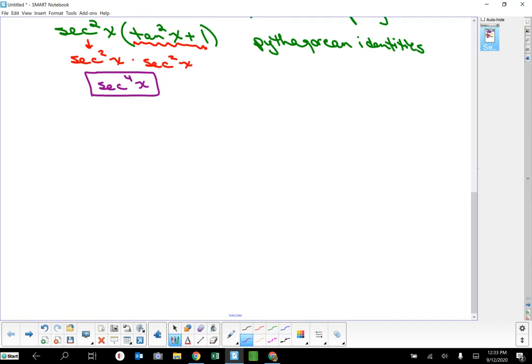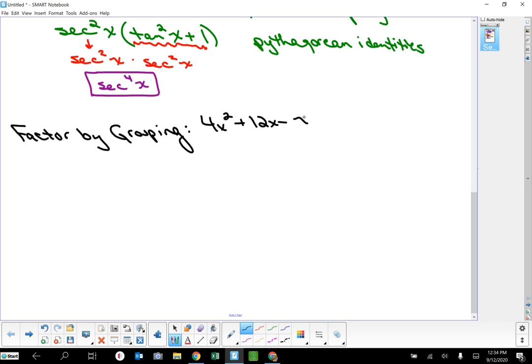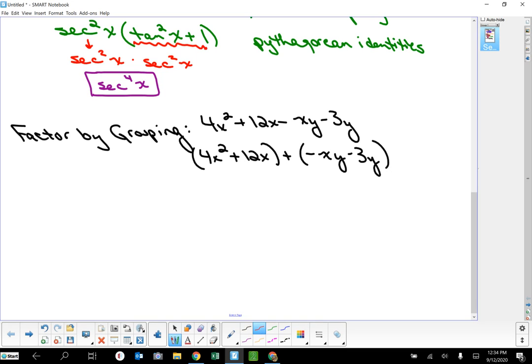All right, factor by grouping. Numeric example. Let's start with 4x squared plus 12x minus xy minus 3y. Remember that in factor by grouping, you start by putting two terms together in a set of parentheses. Then you separate with a plus sign. And then you factor a GCF out of each one. So I can take a 4x out of here. That leaves me an x plus 3.